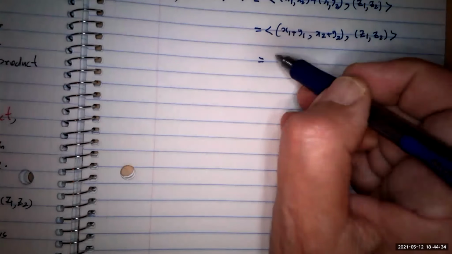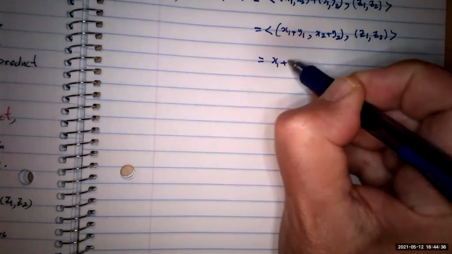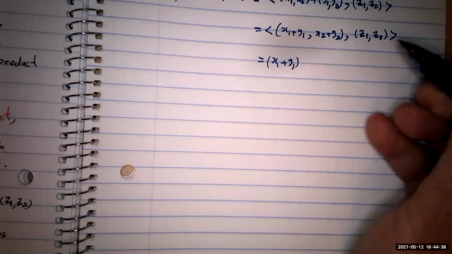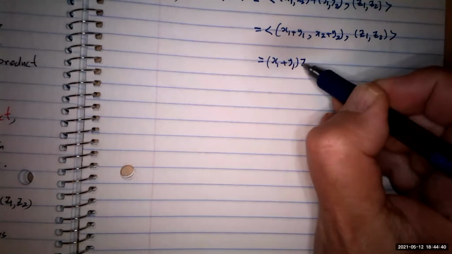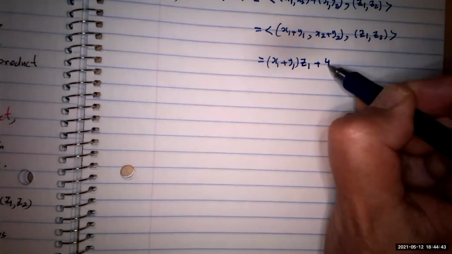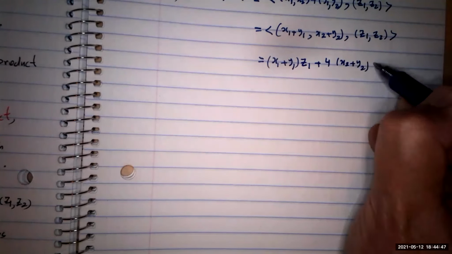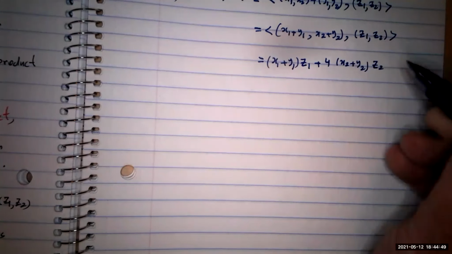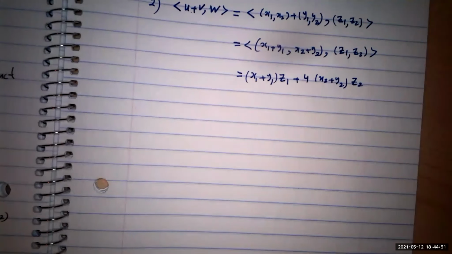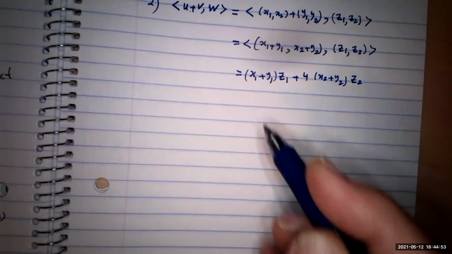So your first component is x1 plus y1, times z1, plus 4 times x2 plus y2 times z2. Just distribute it and put them together to get the new inner product.